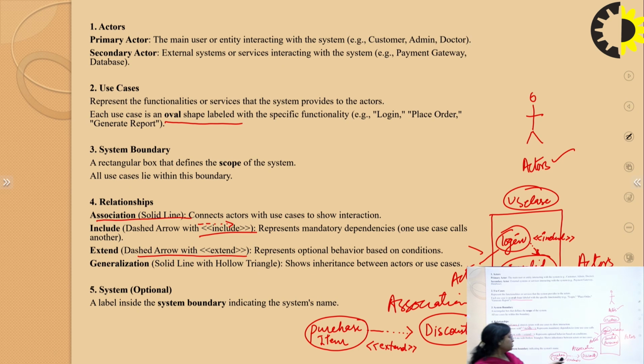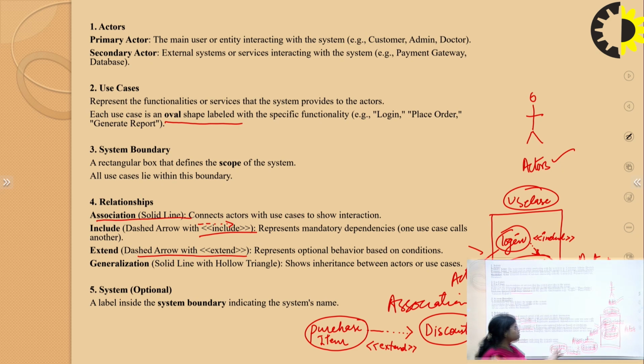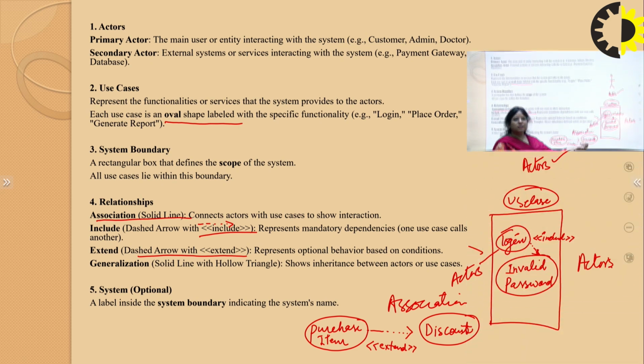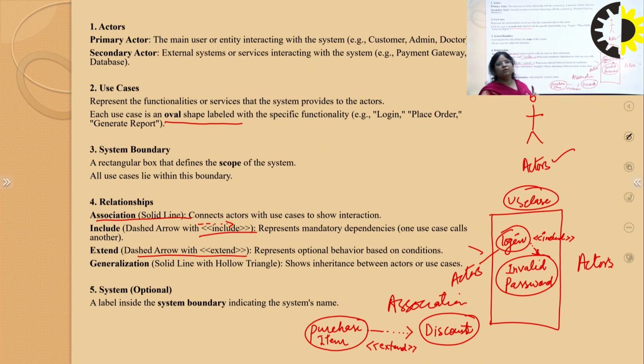So this is the relationship between the two use cases, where one use case is not mandatorily called by the main use case, it is on an optional basis. If a discount is provided by the company, then the purchase item use case will call this discount.